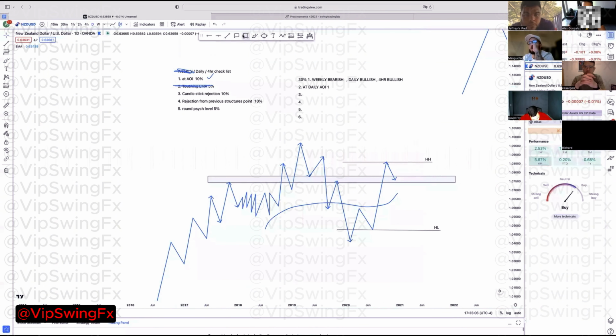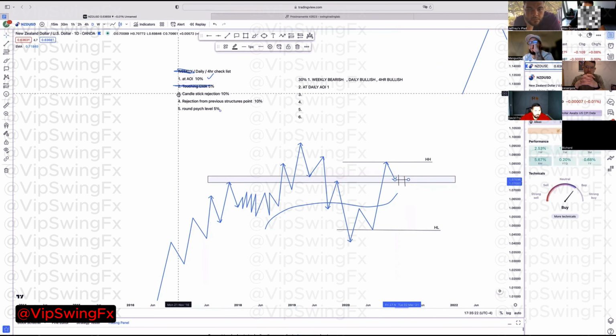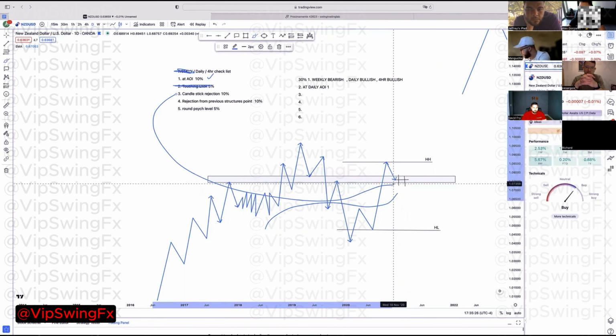Candlestick rejection. Do we have any candlestick rejection? Let's just pretend like this is a doji candlestick right here. Let's just pretend like these are doji or rejection candles. So in that case this would be a yes, because we have a candlestick rejection at our area of interest. If that makes sense, type 1.